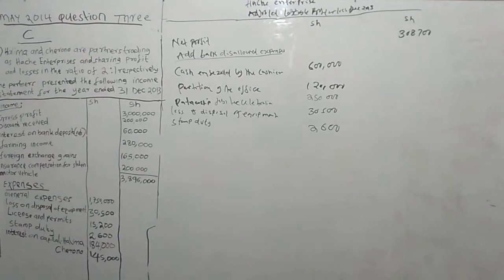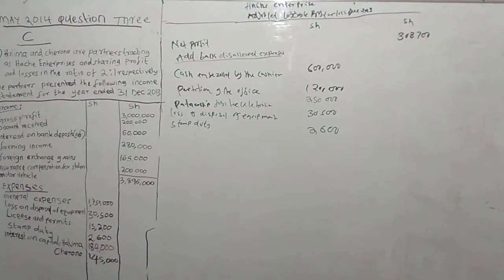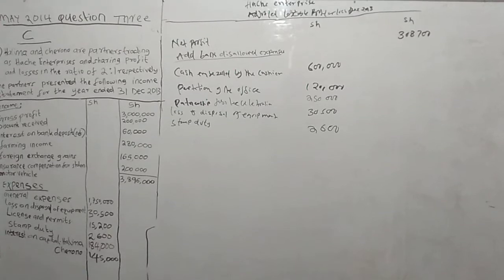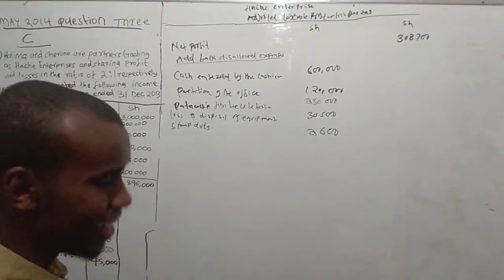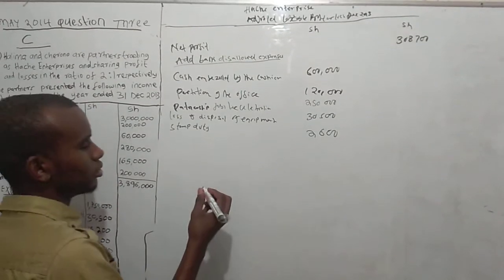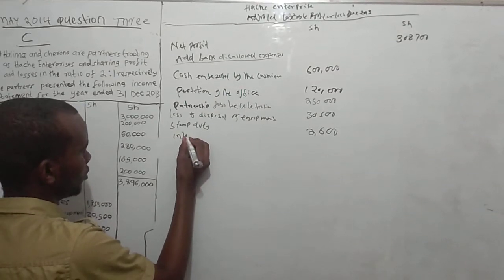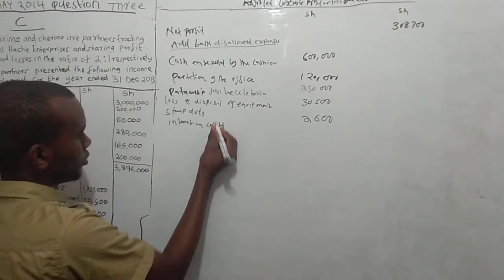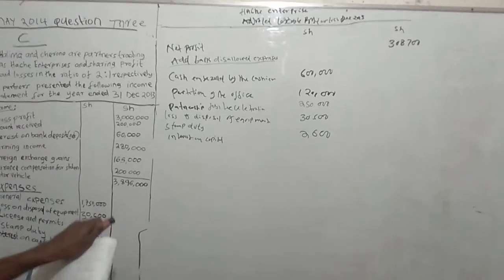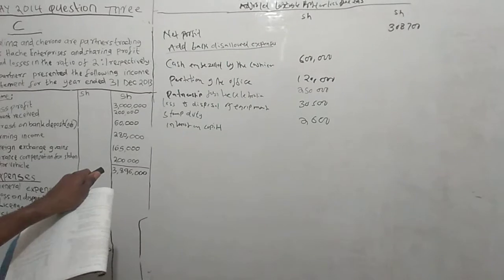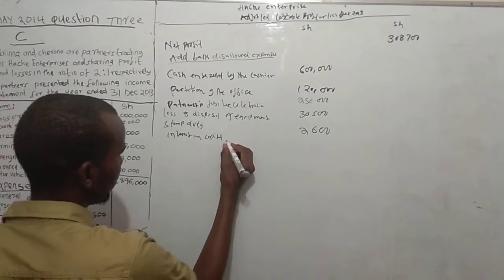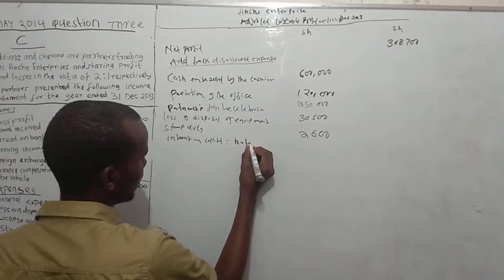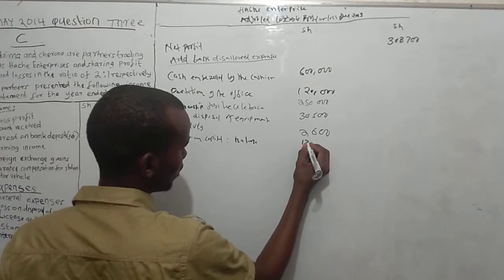Next expense, after the stamp duty, we have the interest on capital. Interest on capital is disallowed, so we tax interest on capital. So we have Halima 184,000.